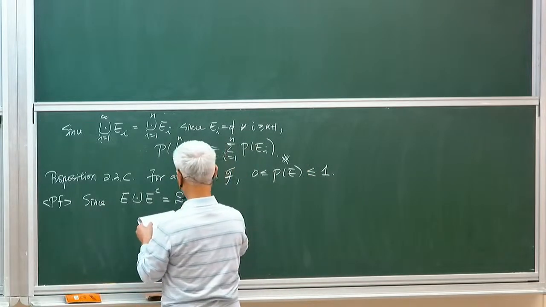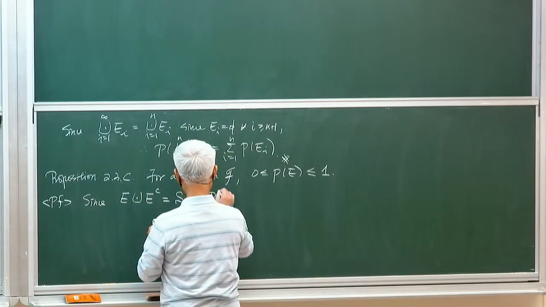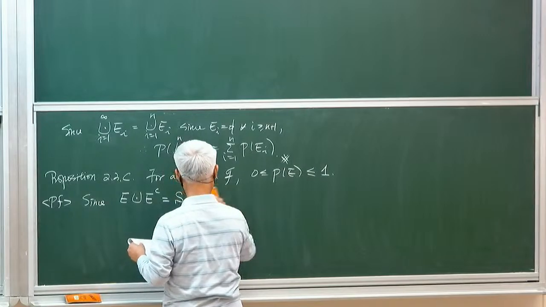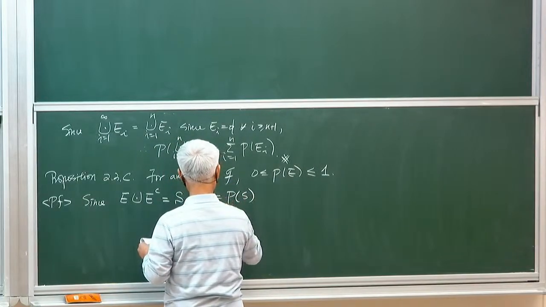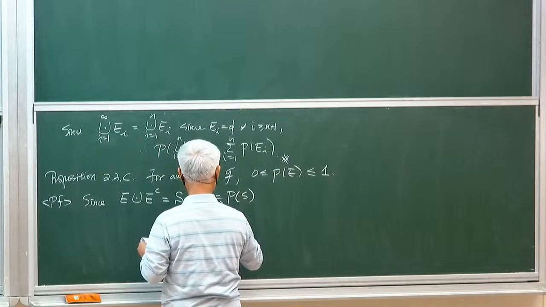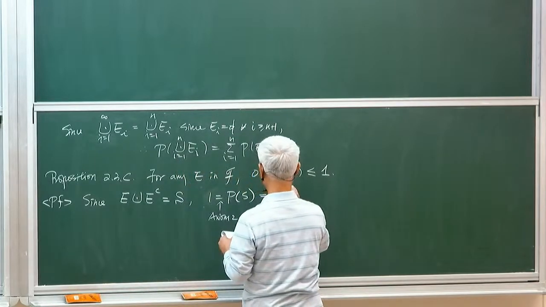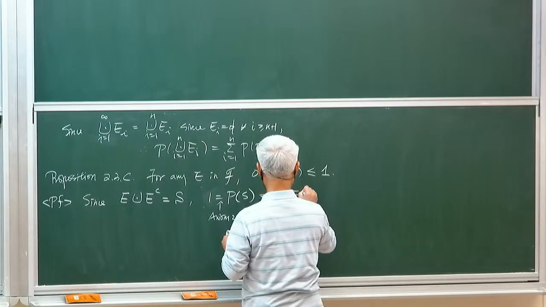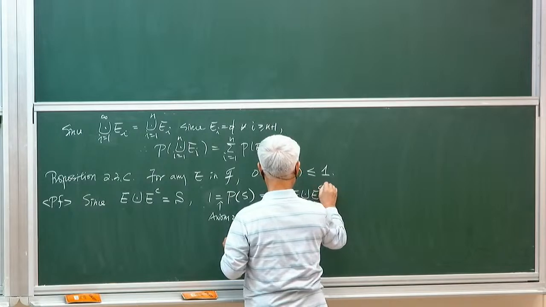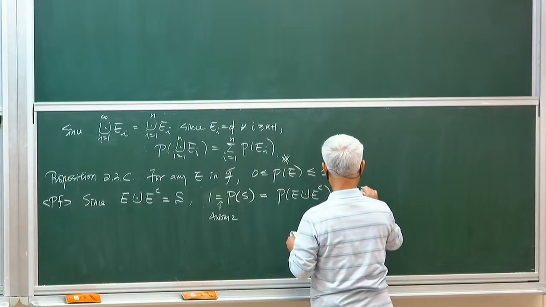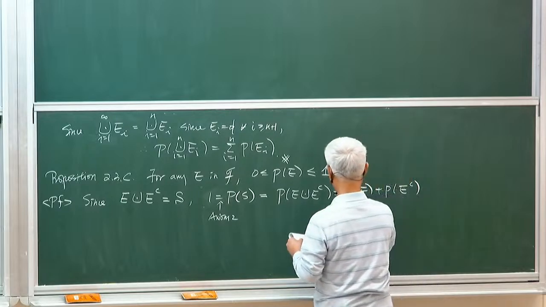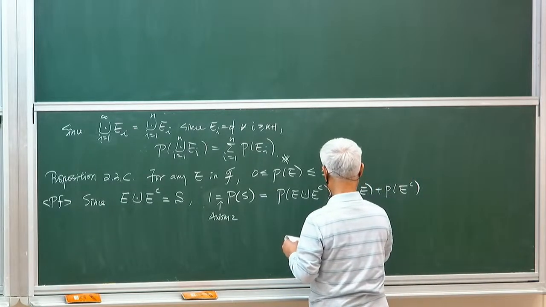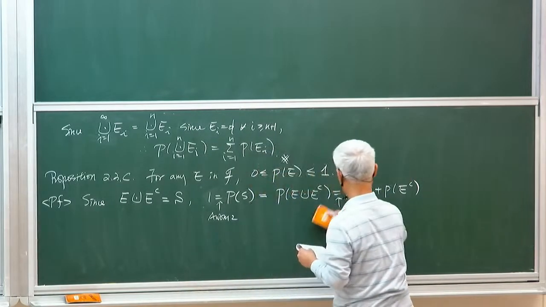So we have 1 is equal to P of the sample space. So this is axiom number 2. And so this is finite additivity.